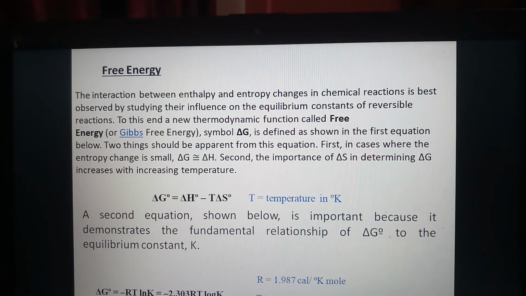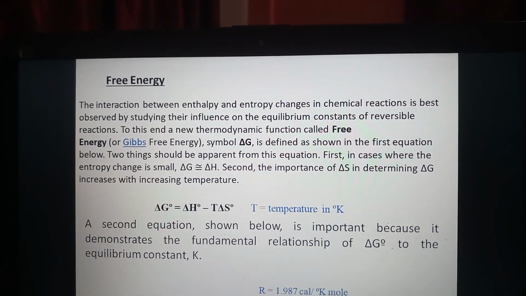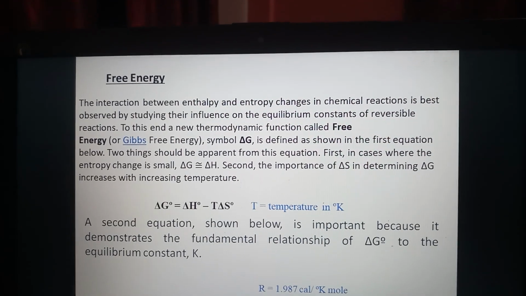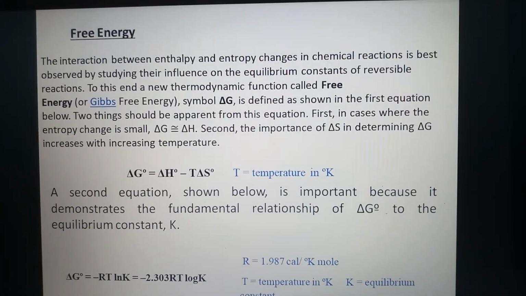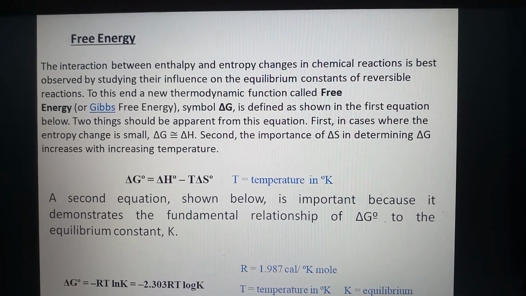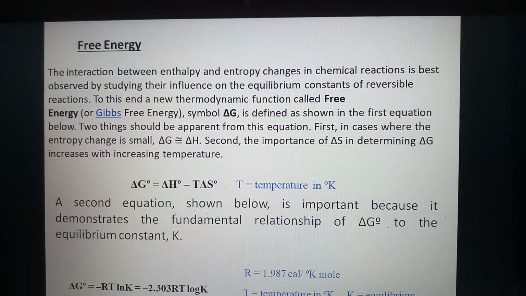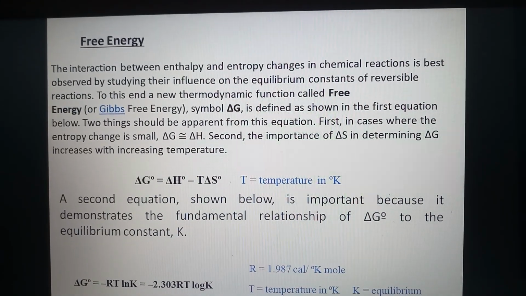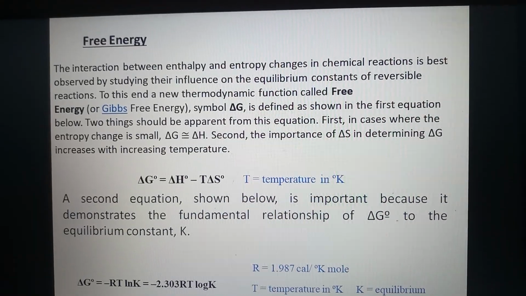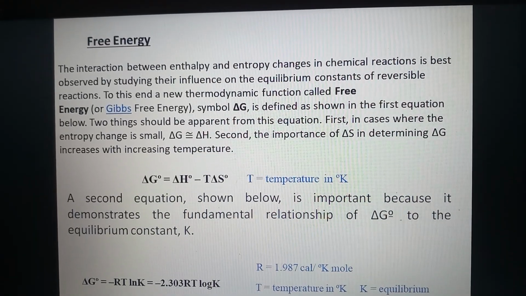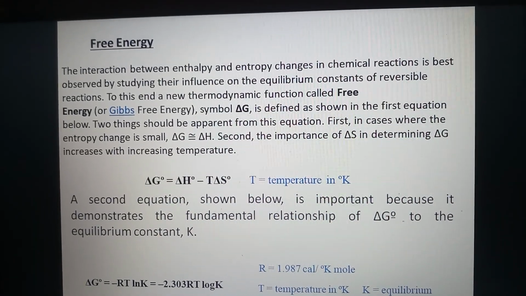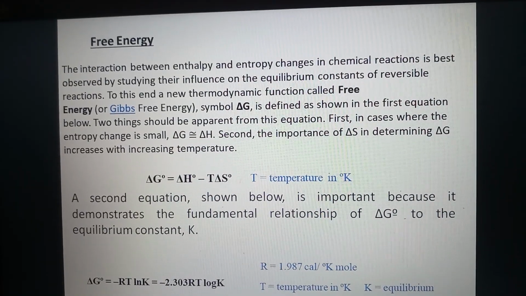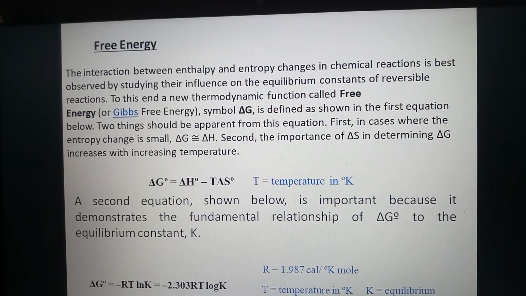To this end, a new thermodynamic function called free energy or Gibbs free energy, symbol delta G, is defined as shown in the first equation below. Delta G0 is equal to delta H0 minus T into delta S0. Delta H is enthalpy and delta S is entropy.